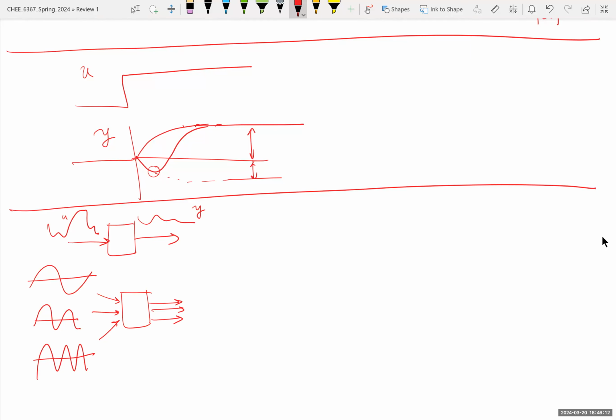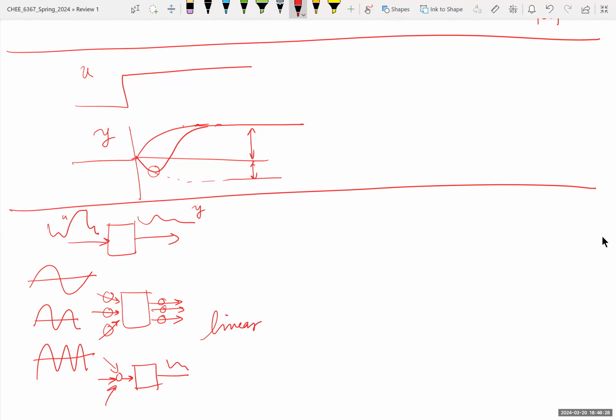Whether you take each one and look at its output, or sum them up first, throw the sum in, and look at the output, it is the same because the process is linear. It's linearity that allows us to do this, which means I can look at a single sine.